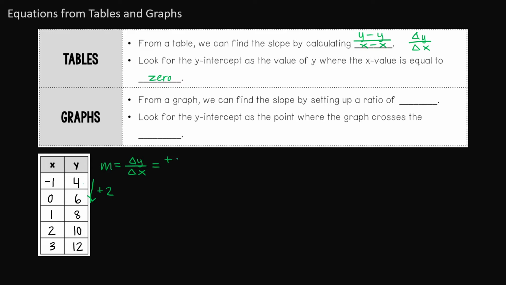So my change in y is positive 2. To make that same change in x, moving from the first row of the table to the second row, I'm moving from negative 1 to 0. That number is getting larger, and to get from negative 1 to 0, I have to add 1. So my change in x for the table would be positive 1. 2 divided by 1 is just 2. So my slope is 2.